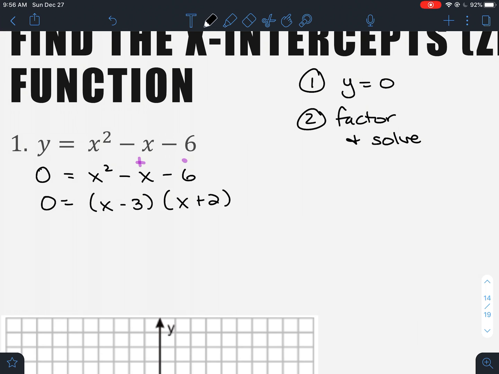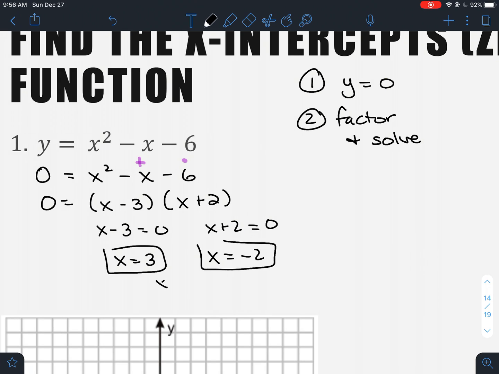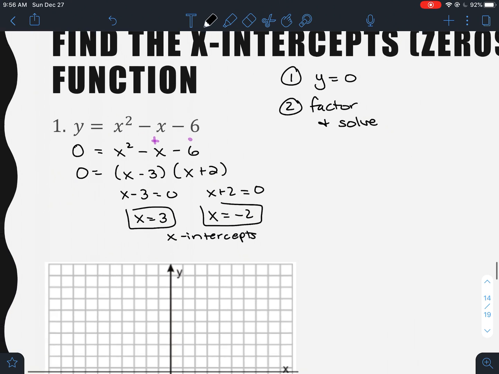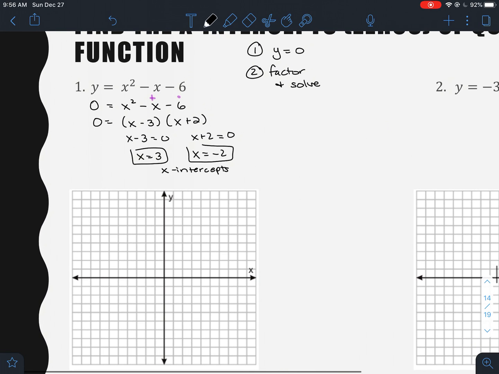So can we multiply to negative 6 and add to negative 1? That would be x minus 3 and x plus 2, and then solve. So either x minus 3 is equal to 0 or x plus 2 is equal to 0. So my two solutions are x equals 3 and x equals negative 2. Those are the x-intercepts of the parabola.